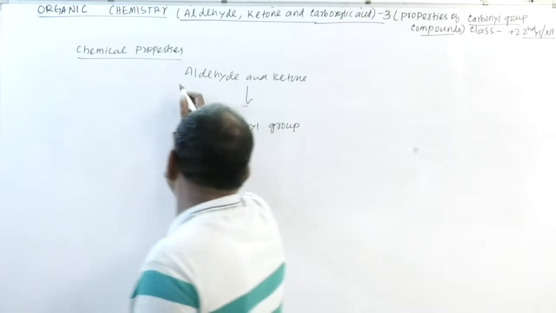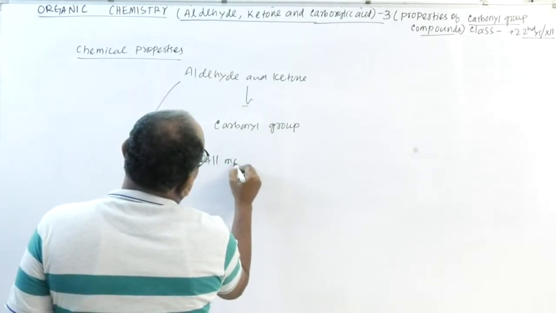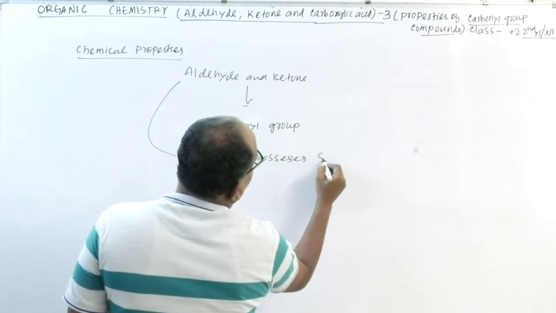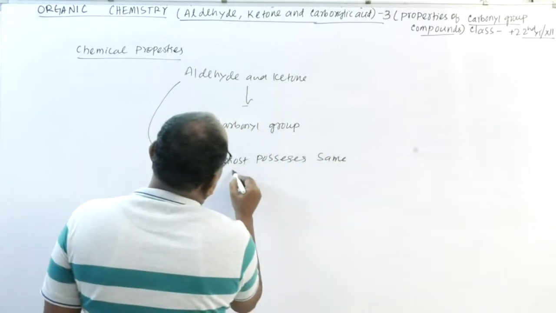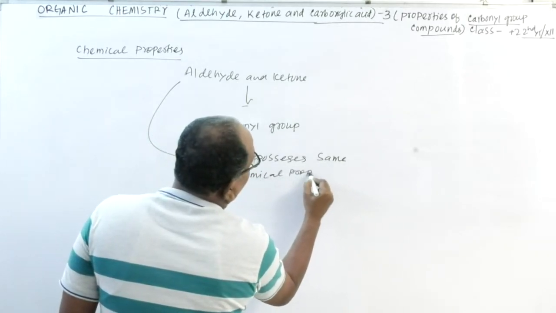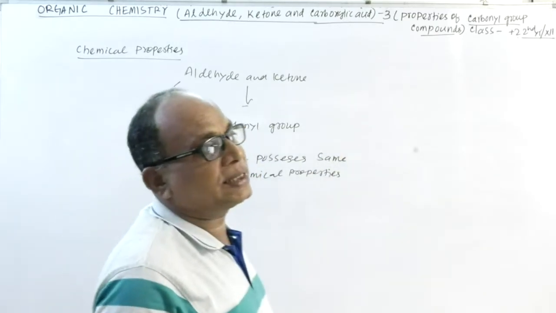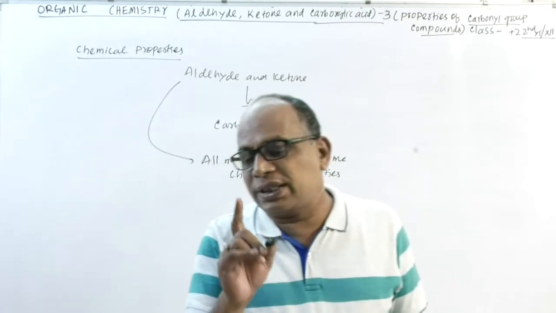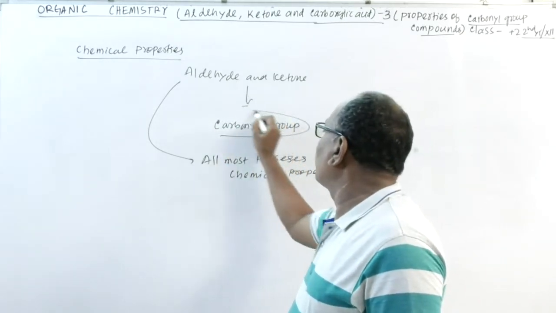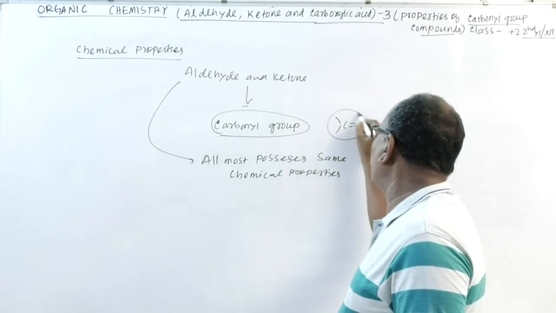So the aldehyde and ketone possess almost the same chemical properties. Very few reactions are different, but they almost possess the same chemical properties due to the presence of the carbonyl group, that is your C double bond O. This is your carbonyl.